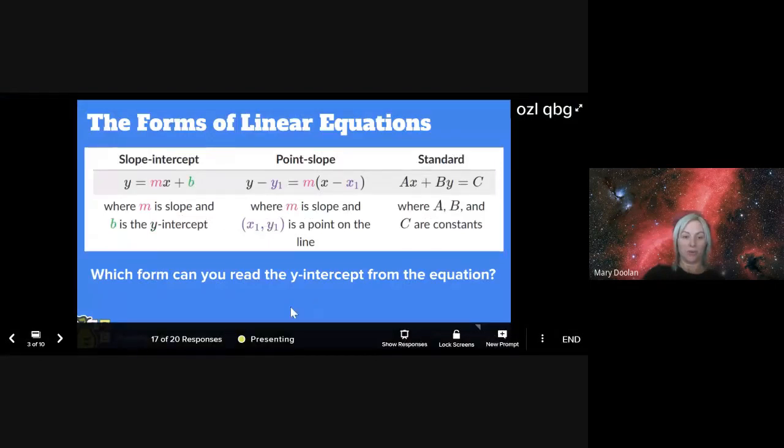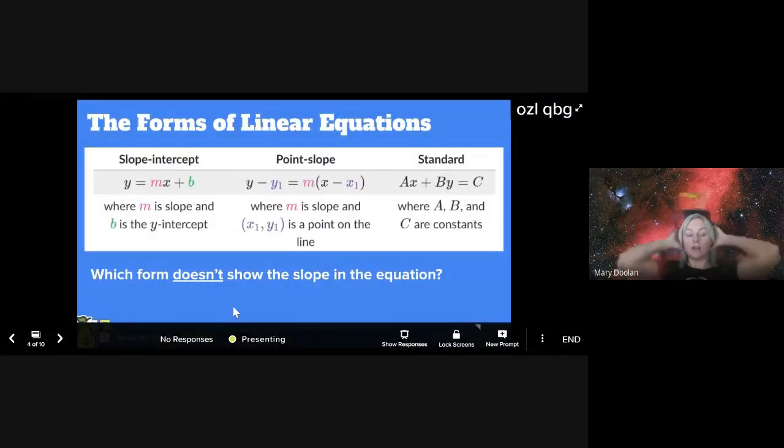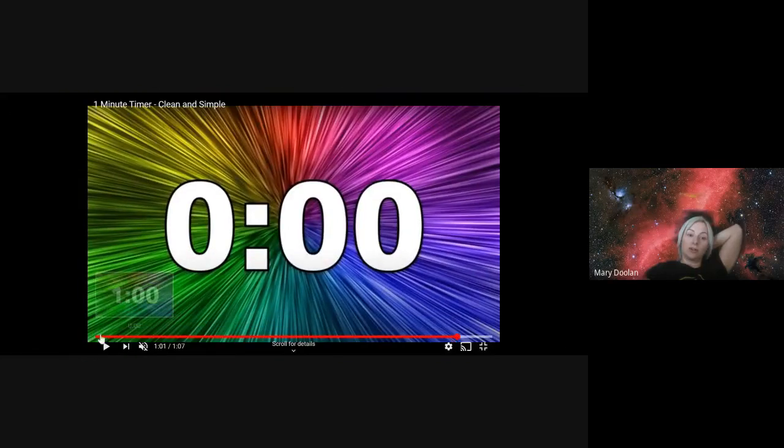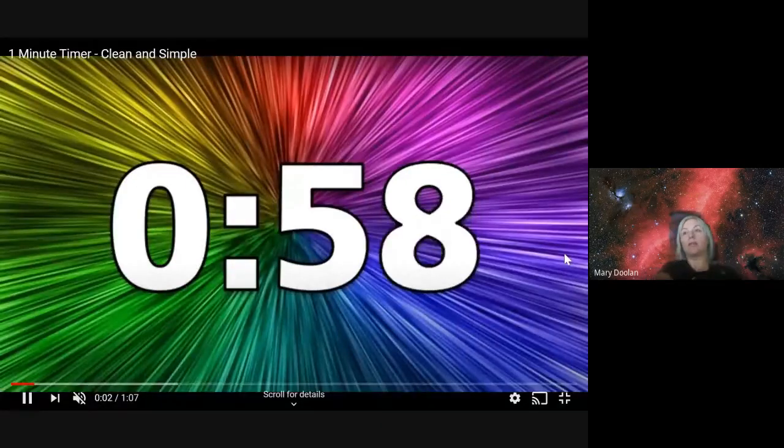Let's try another one of these quick multiple choice questions. Right, here's the next one. Now you're answering which form doesn't show the slope in the equation. Which form doesn't show the slope in the equation? You're given 1 minute again.